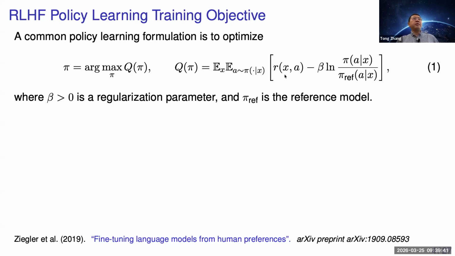This one is the reward, which is what you want to optimize, like a loss function. The data itself should be generated using your current LLM or current policy.